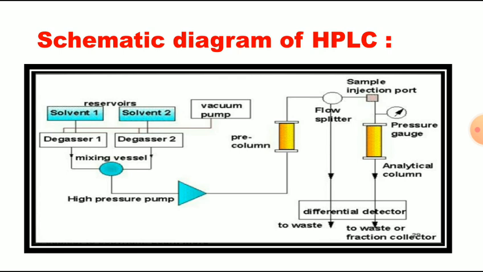First component is the solvent reservoir, then degasser system, mixing vessel, high pressure pump, pre-column, flow splitter, sample injection port, pressure gauge, analytical column, then the detector and recorder. These are all components of the HPLC instrument. So today we are going to learn all these components in detail.